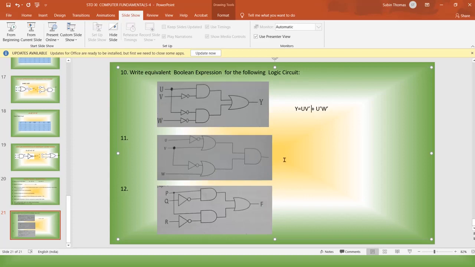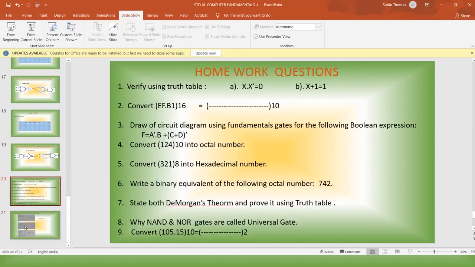So the final answer will be (U complement plus V) into (V complement plus W). That is the way you can write the answer for the second question. Complete these two as homework in your notebook. That is all about logic circuits and De Morgan's theorem.